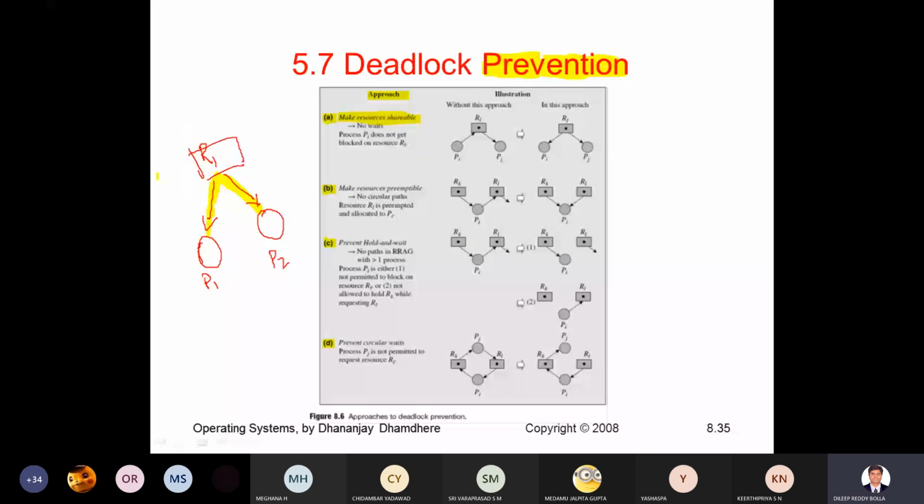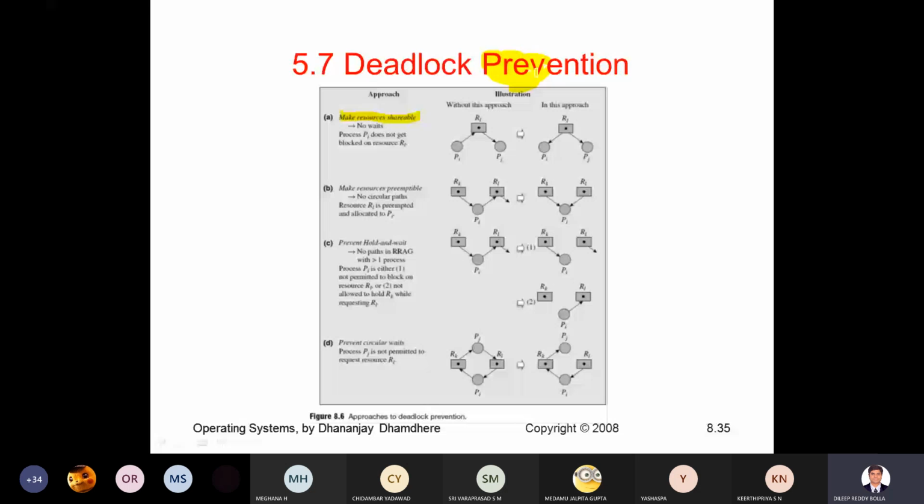Before, process P1 was requesting the resource, but R1 was given to another process, so both of them could not proceed further. That leads to a deadlock, correct? If you share them, then we can prevent the deadlock. So we are doing prevention by using this sharing technique.